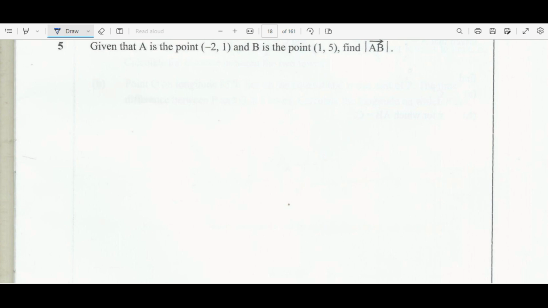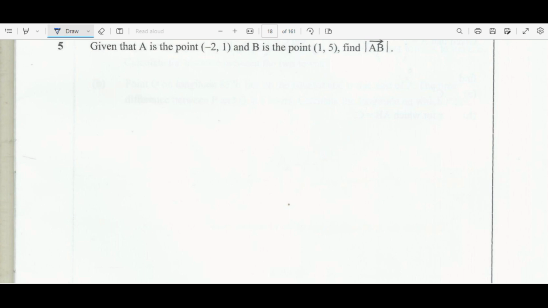Under coordinate geometry we have different formulas that are used depending on the question. If you've been asked to find the midpoint, the formula is different from the formula that we're going to use now.